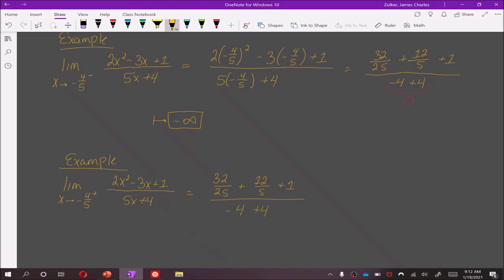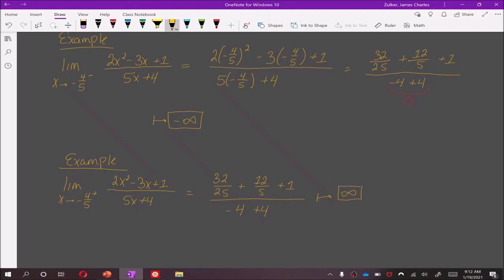But now we're approaching from the right, so we're taking values that are larger than negative 4/5. Well, 0 would be larger. If we plug in 0 here in the denominator, we'd have positive 4. Denominator is positive, numerator is positive. And so this limit is positive infinity.